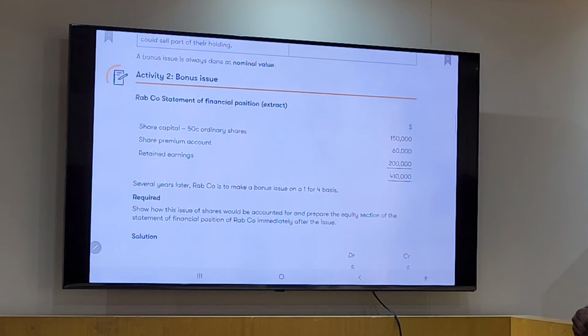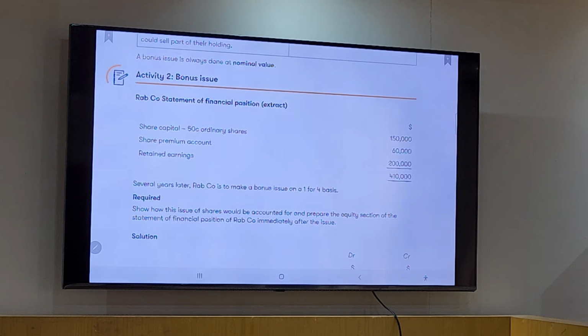So how many shares will they issue as bonus? 75,000. 75,000 into 0.50 dollar value? So 37,500. Correct.